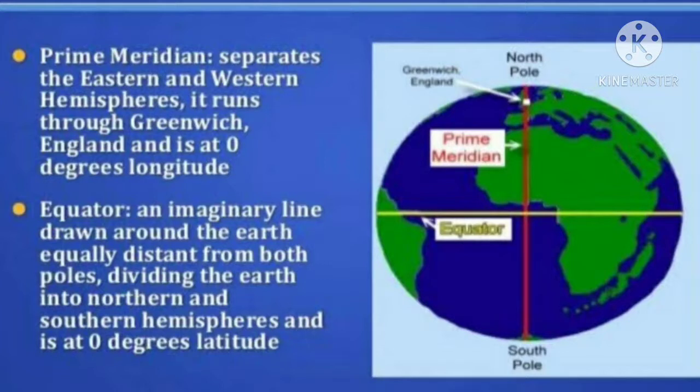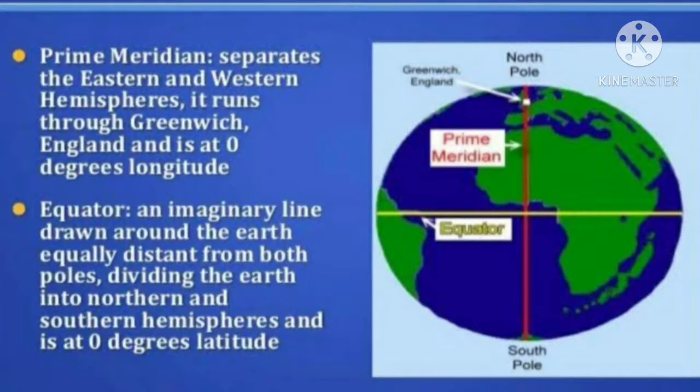It runs through Greenwich, England, and it is at 0 degree longitude. Because of the prime meridian, eastern and western hemispheres are separated.